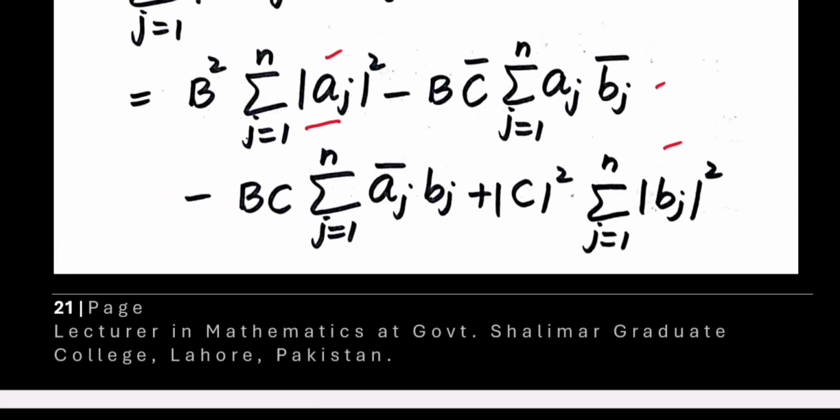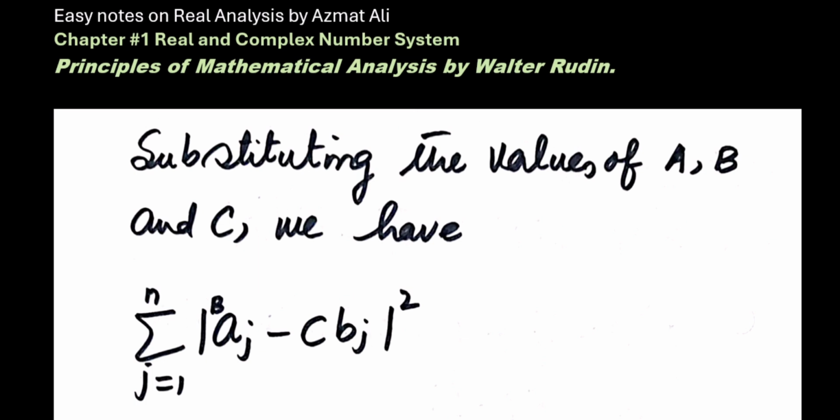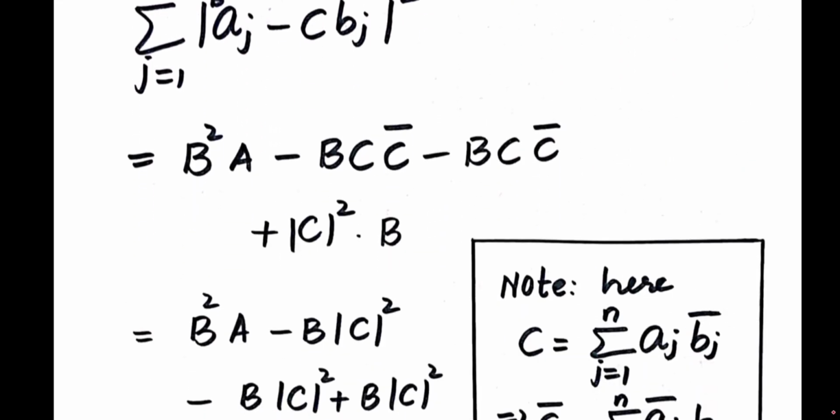This is my A, so I will replace this with A, and this is my B, so I will replace this with B, and this is my C. This summation is my C, but this is not C. In C we have conjugate over B, but in this summation we have conjugate over A. So next we write this as, this is the first term B square A, and this is the last term. Now these are the important terms that you can notice here.